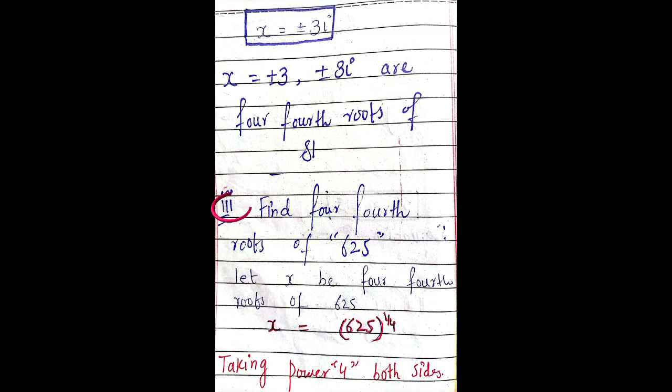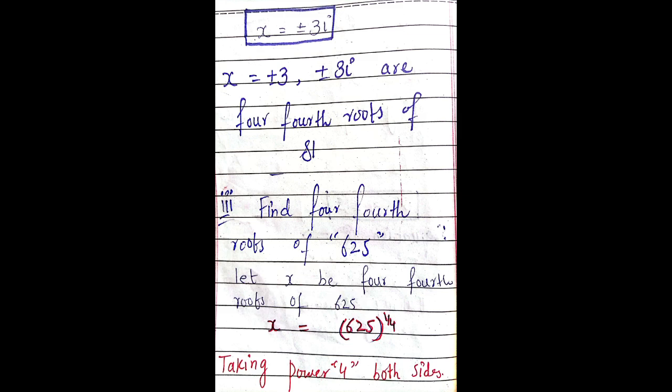Let's solve the third part. Question number 7, part 3. Given that, find the fourth roots of 625. We have to find the fourth roots of 625. Suppose x is the fourth root of 625.